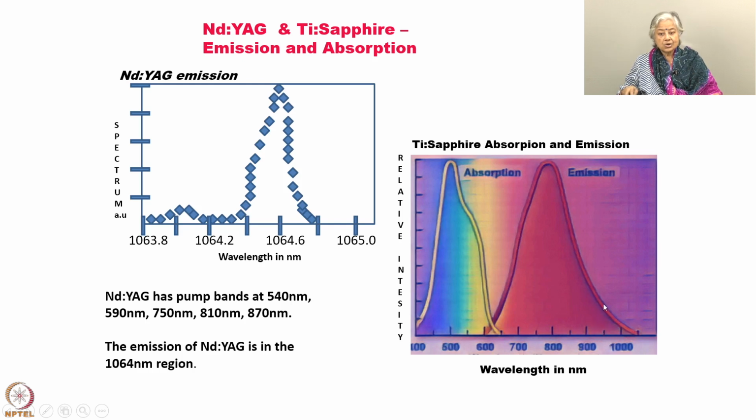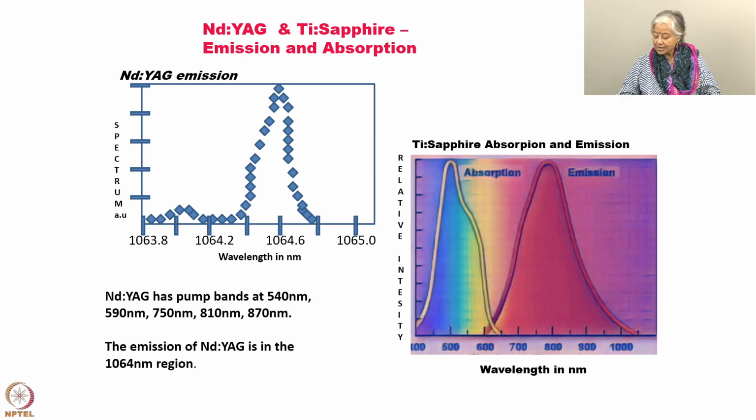Titanium sapphire is pumped by another laser, generally a diode laser. The speciality of titanium sapphire is that its emission bandwidth is very, very large.